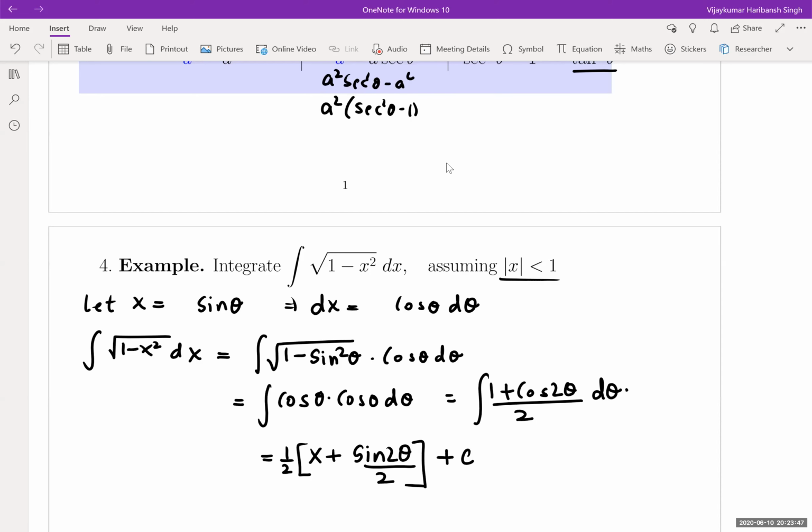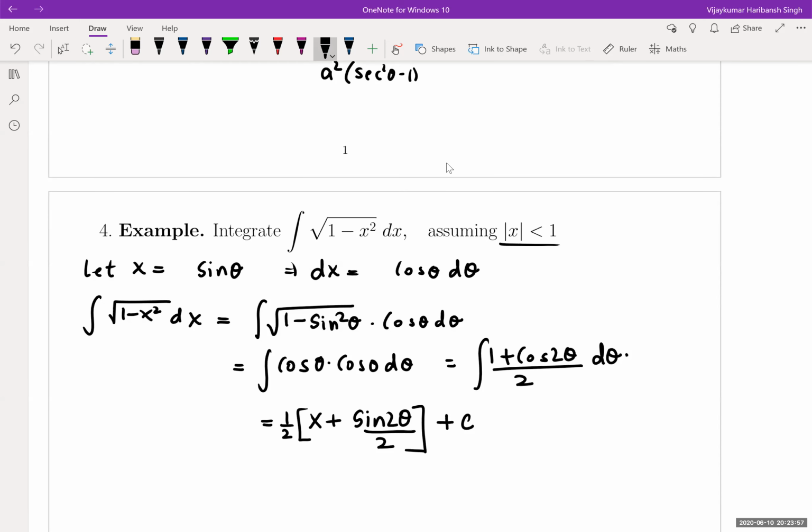Now the integral is done, but we need to put everything back in terms of x. So for that, notice what is the connection of theta with x? The connection is x is sine theta. So from there, I get theta equals sine inverse x.